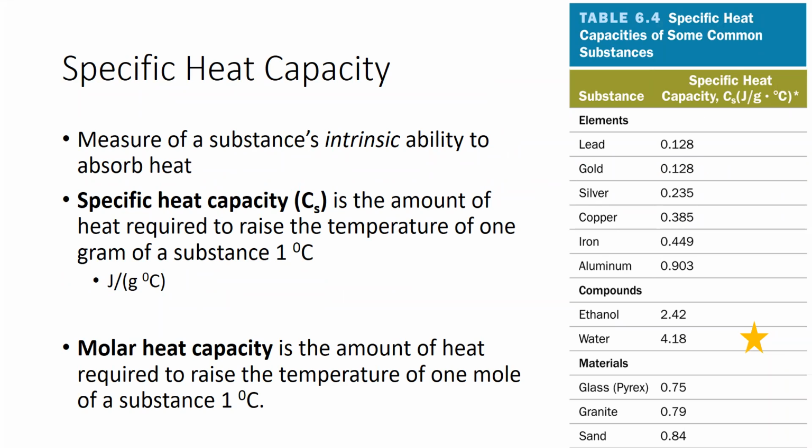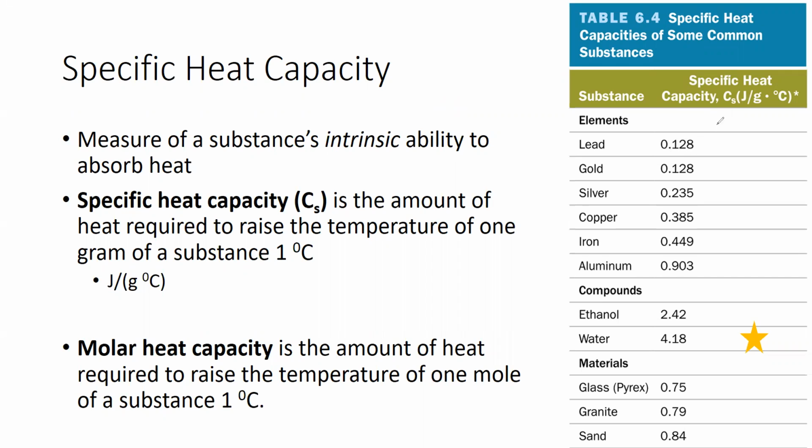So let's go to this idea of heat capacity to specific heat capacity. And specific heat capacity is giving a number to what I just said, right? I think the easiest way to understand specific heat capacity is to look at the units. Let's look at lead.